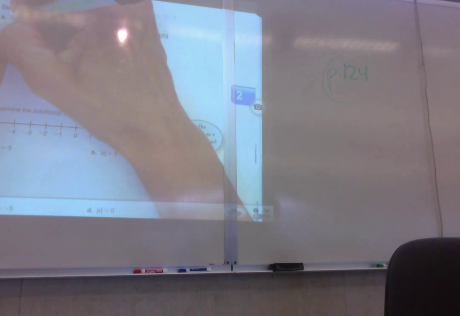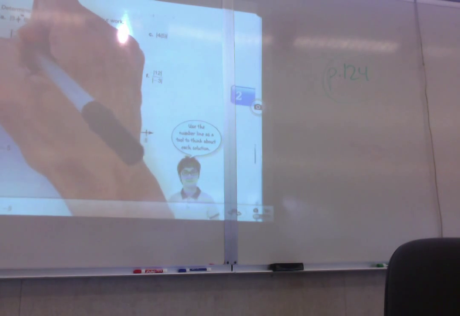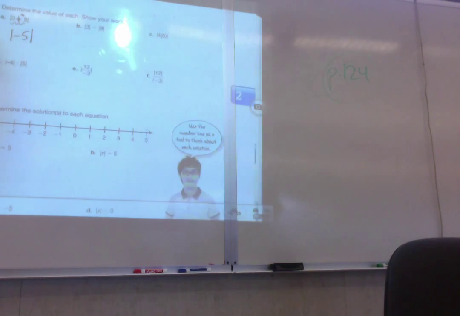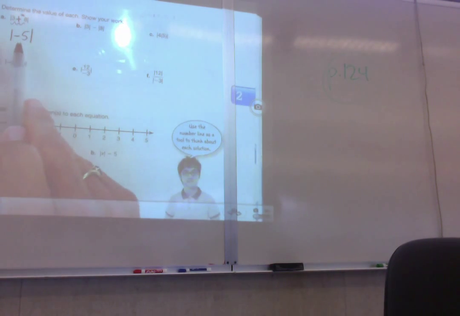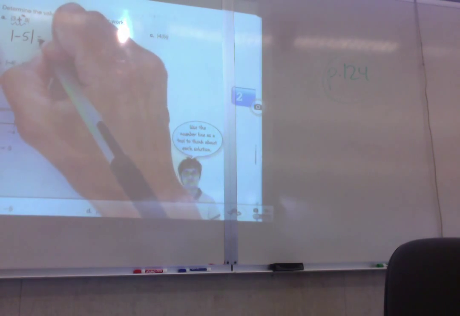Keep, change. That's positive 3 plus negative 8. What do I get when I add 3 to negative 8? So I'm going to write absolute value of negative 5. I've done the math inside the absolute value. Once I get it down to one number, I do what I just did in number 4. What's the absolute value of 5?